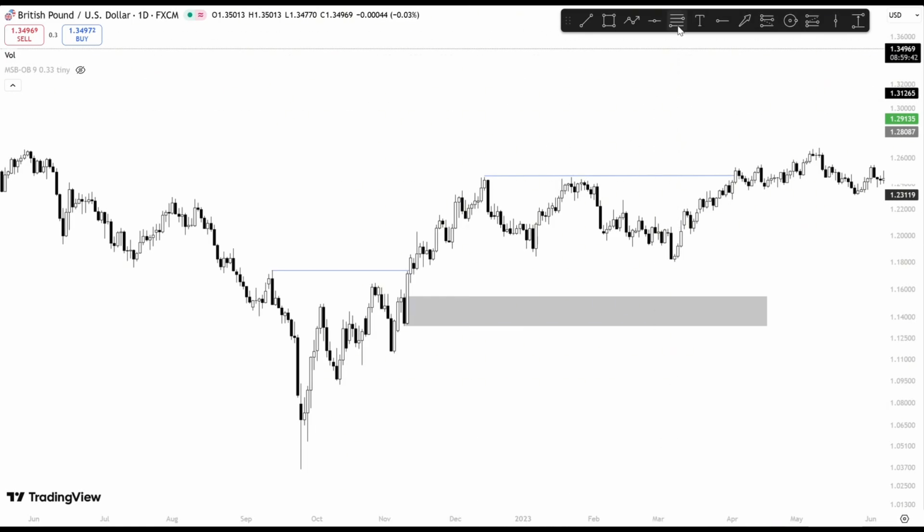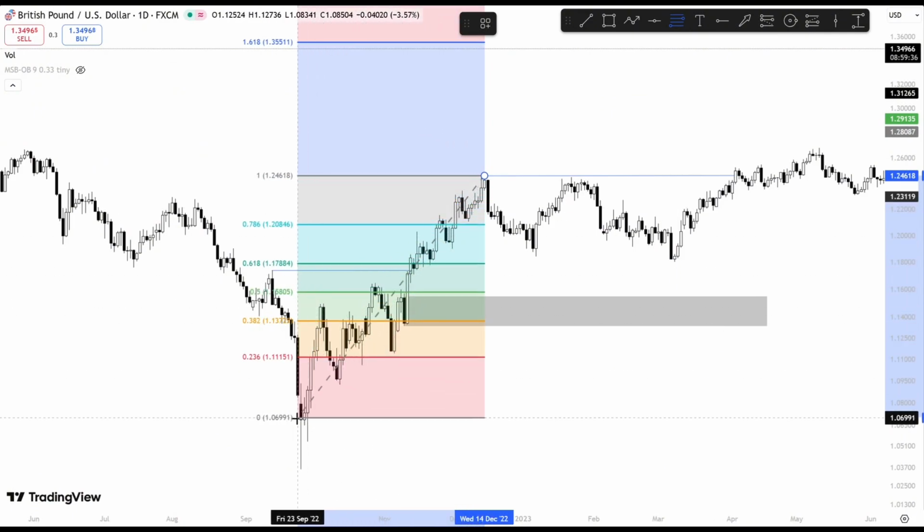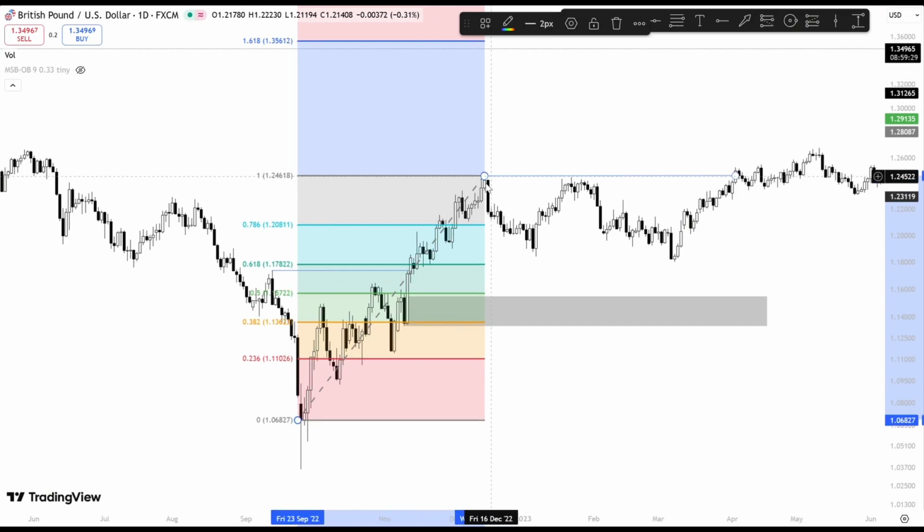So Fibonacci from here, come down here, here, and if you see, it was not at the liquidity. If you look here, here is the shift.